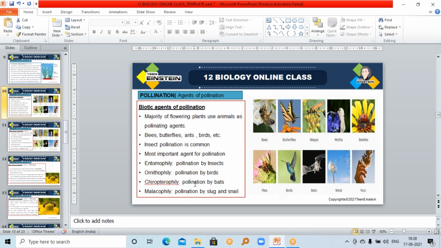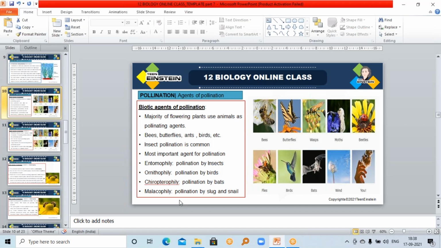Then malacophily means pollination by slug and snail. That is called malacophily. It's very important, so note it down. Usually it is found in NEET questions.